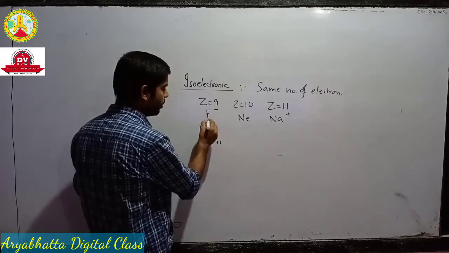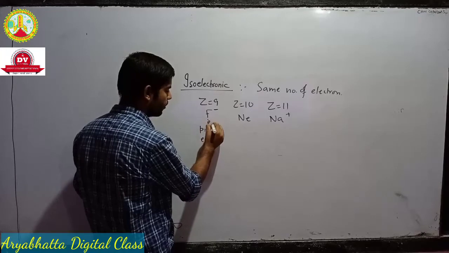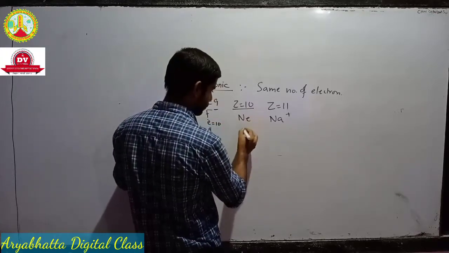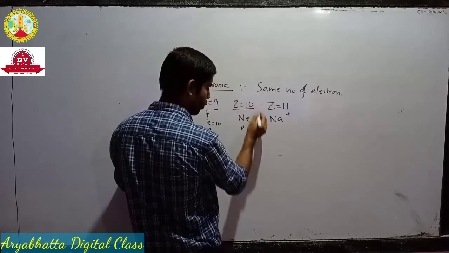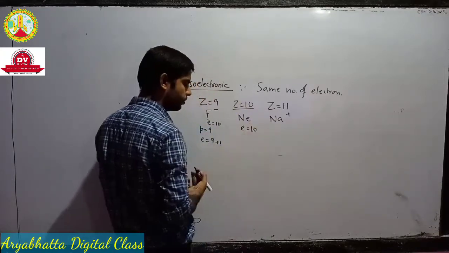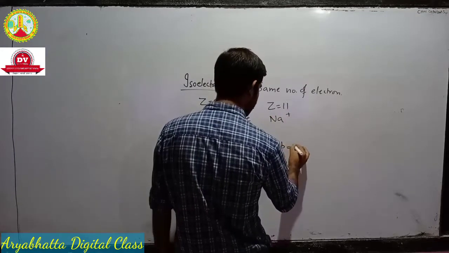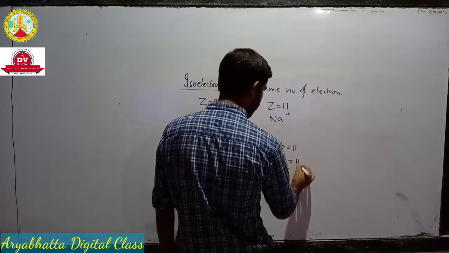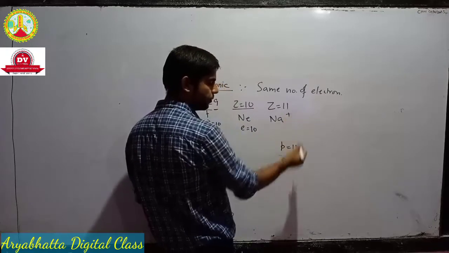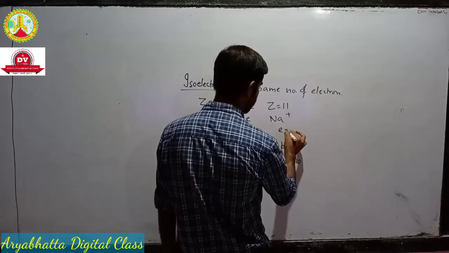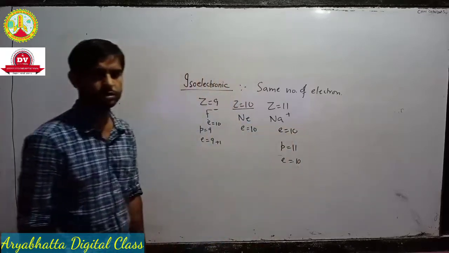So number of electrons in fluorine will be what? 10. Neon has no charge, so definitely number of protons is equal to number of electrons, so it has 10 electrons. And now see, in sodium there were 11 protons and 11 electrons, but since there is a positive charge, electrons will be one less, that means it has also 10 electrons.